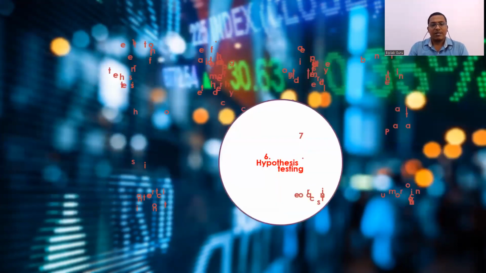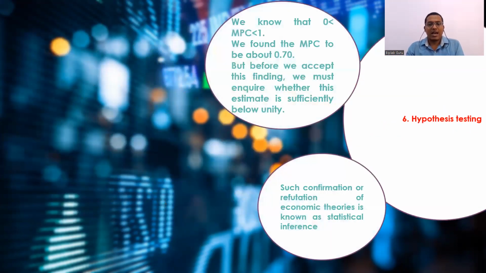The sixth step, what we do is hypothesis testing. We framed this hypothesis earlier, that the MPC value lies between 0 and 1. And we found the MPC to be 0.70. But before we accept this finding, we must inquire whether this estimate is sufficiently below unity or not.